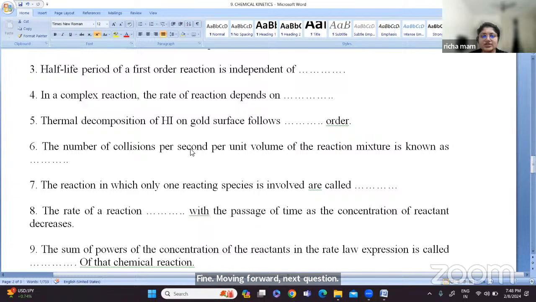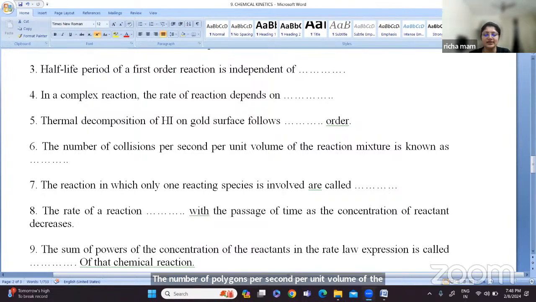The number of collisions per second per unit volume of the reaction mixture is known as.